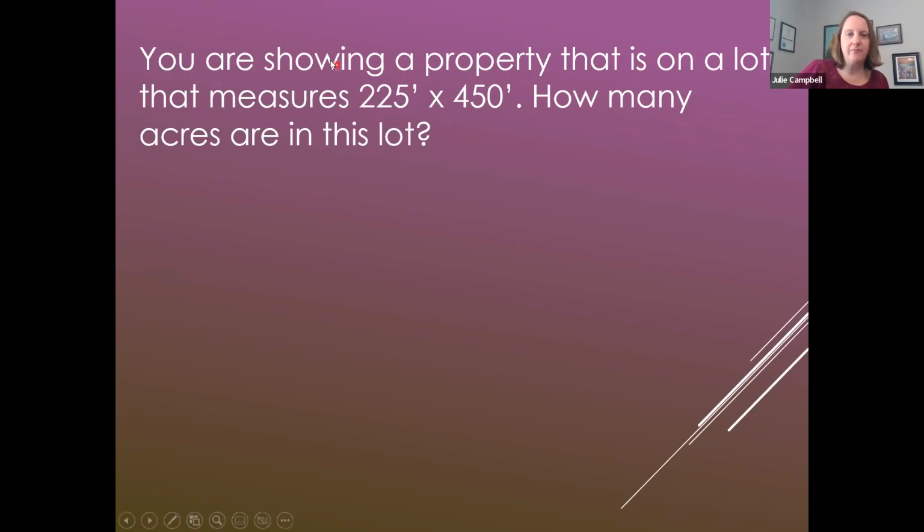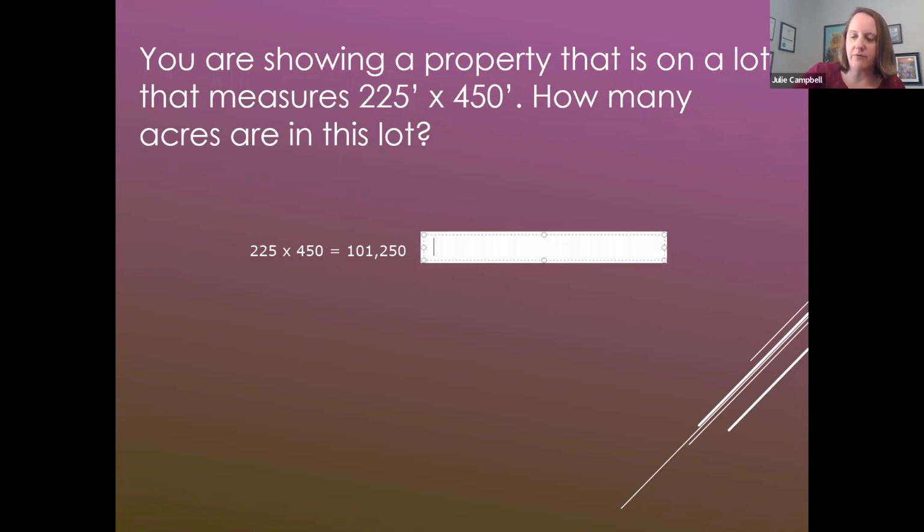Okay. So you're showing a property that's on a lot that measures 225 by 450. How many acres? So first off, we take our length times width to get square feet. So length of 225 times width, or front feet, and depth, 450, we got 101,250.